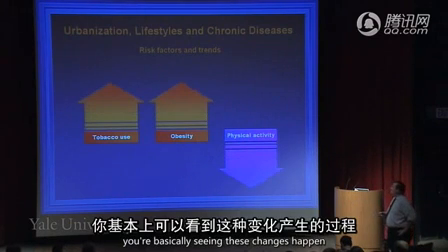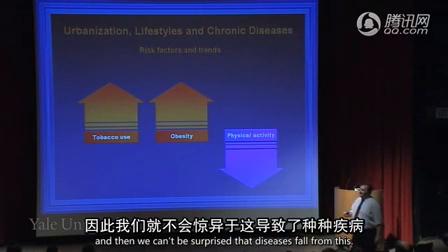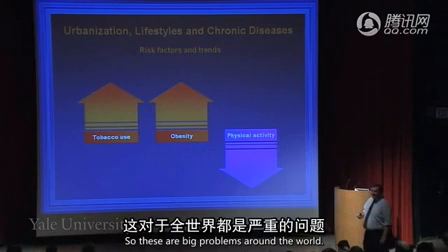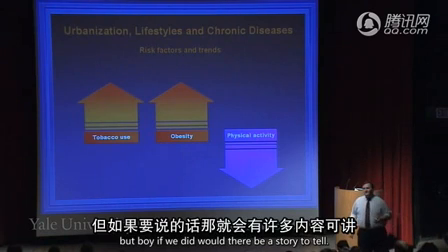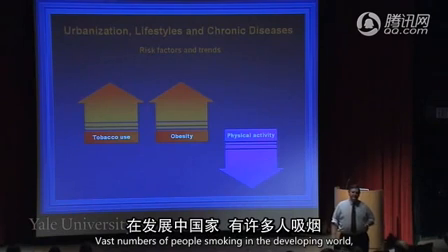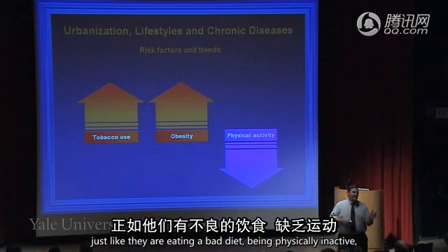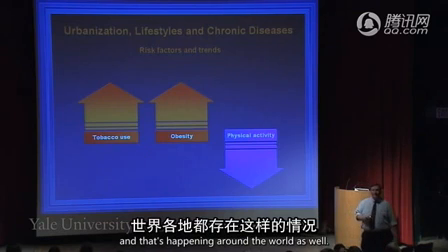And then in the developing world, you're basically seeing these changes happen, and we can't be surprised that diseases follow from this. So these are big problems around the world. We're not talking about tobacco in this particular class, but boy, if we did, would there be a story to tell. Vast numbers of people smoking in the developing world, just like they are eating a bad diet, being physically inactive, and getting the same diseases that have plagued the United States, and that's happening around the world as well.